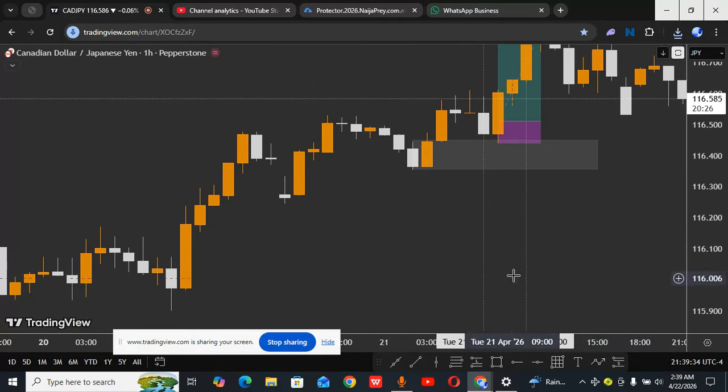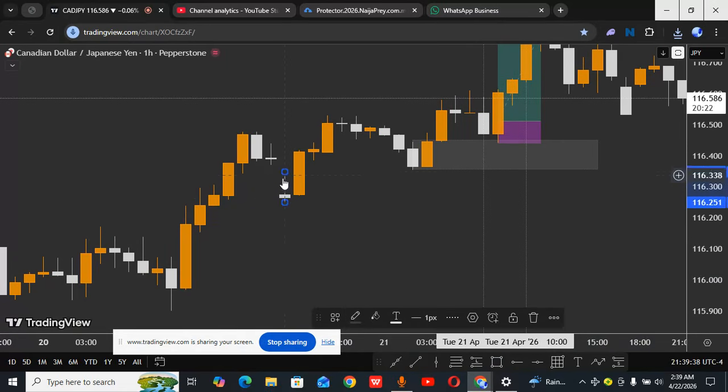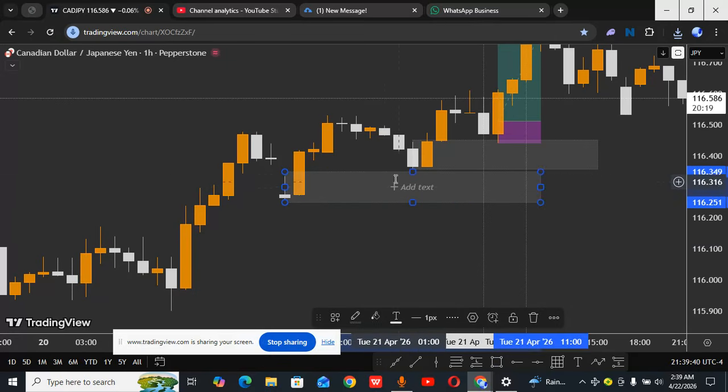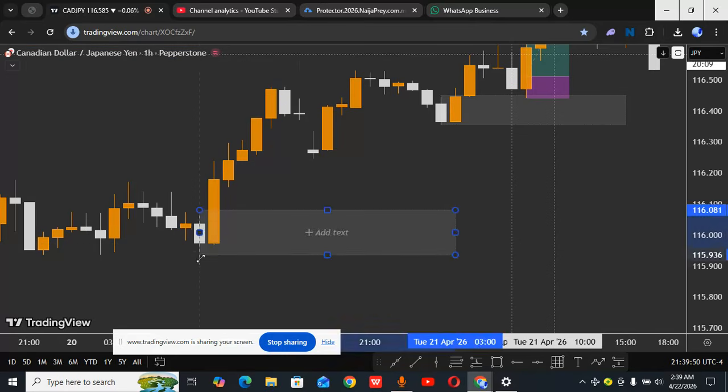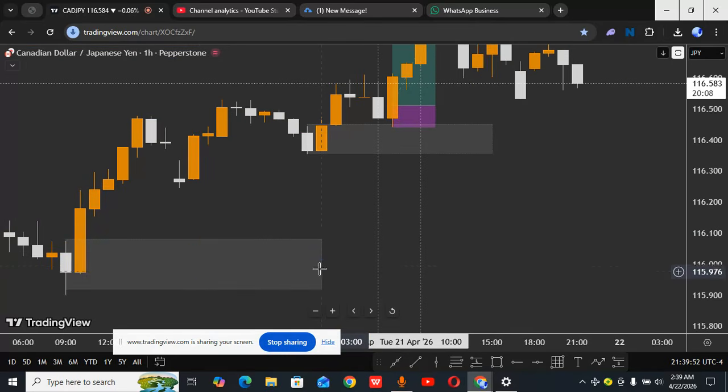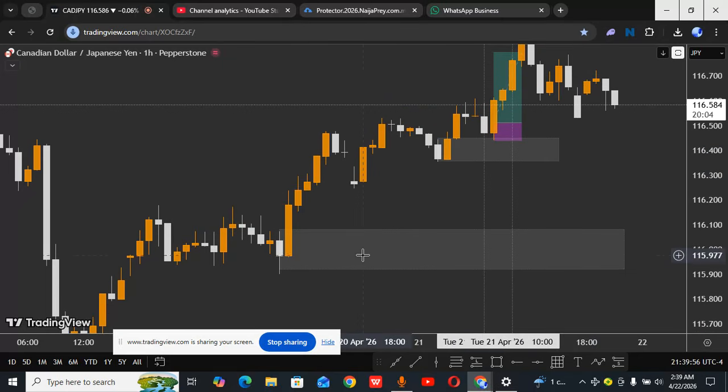Now, which other demand zone do we have there? We have this demand zone here. But the reason I didn't choose it as my second demand zone was because this has already been mitigated during the London Q zone, or during the London session. So this would have been the second demand zone I would have been more interested in. All right, so these are the two demand zones that I was interested in during this New York Q zone.